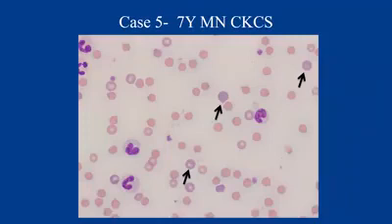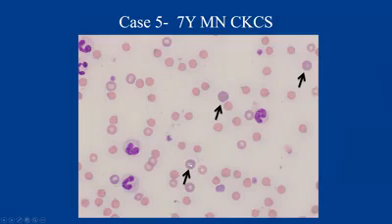This is a representative area, so we'll ignore these arrows for a second, but you can see here that there's a lot of spacing between our red cells, so there is a confirmation of the anemia, okay? We do see some polychromatophils, so these are the cells that are analogous to our reticulocytes on the analyzer.